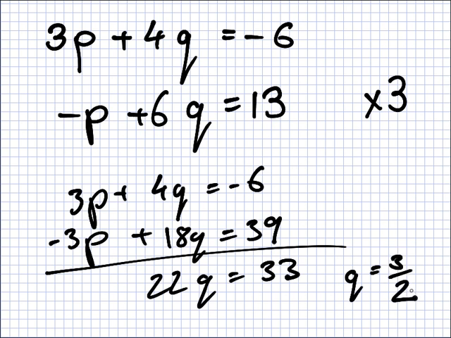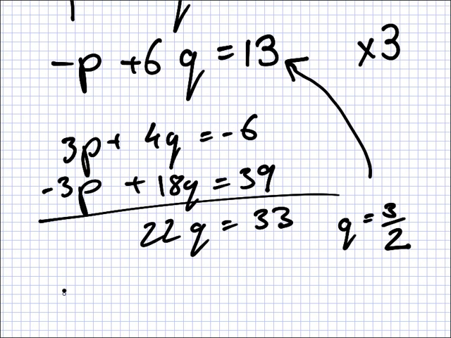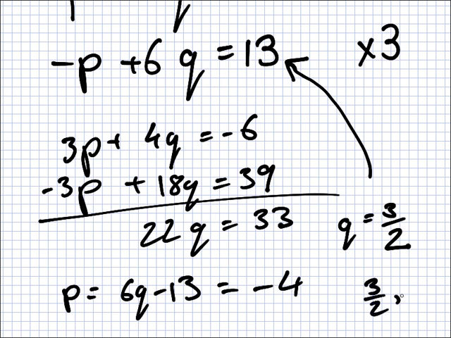Did I do that right? Yeah. Sub that back in here. Let's see what we get for p. p will equal 6q minus 13, which would be minus 4. So we have 3 over 2 and minus 4 is the answer then.